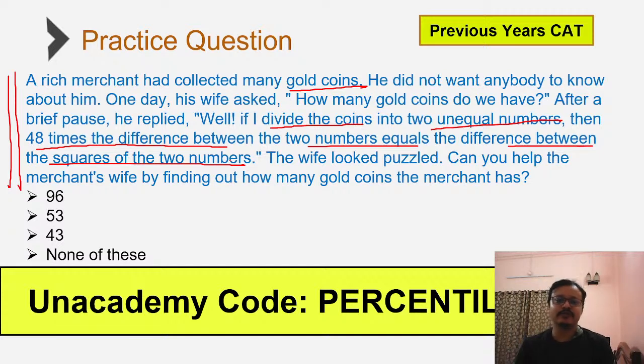What the merchant's wife needs to find out is the total number of gold coins. So the merchant has given a clue using which the merchant's wife needs to identify the total number of gold coins that the merchant has. So again, everybody utilize the options and mark your answers.